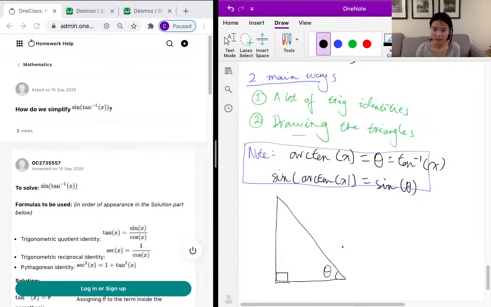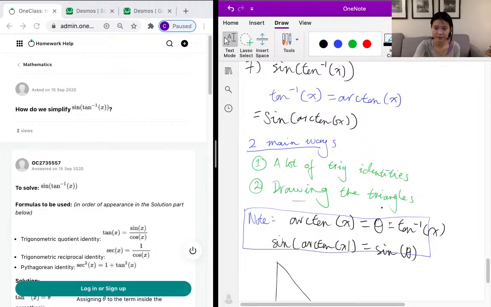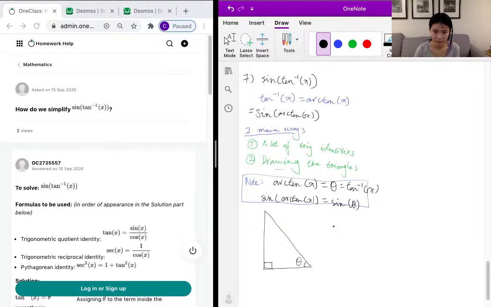Also, we know that the arctangent of x is an angle, and we're trying to find the arctan of x.